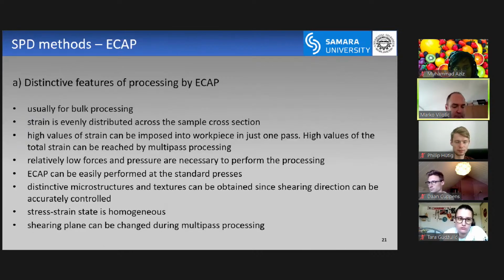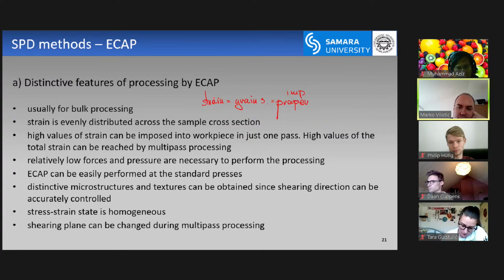Okay, I have to hurry up because I have around 100 something slides. So these are the different features of processing by ECAP. It's usually used for bulk processing. We usually compare strain with grain size and other property improvement.